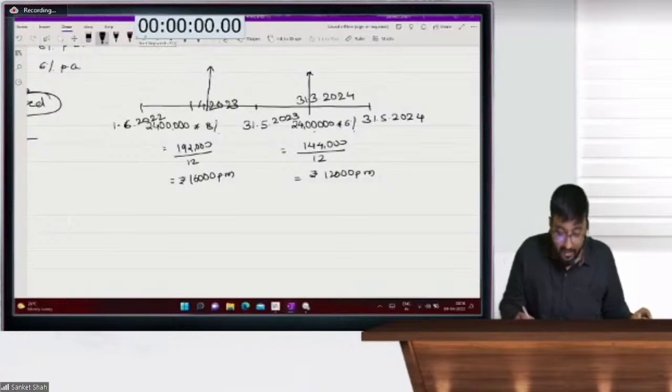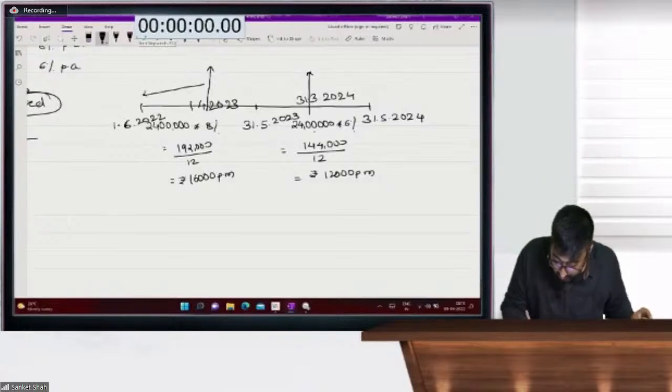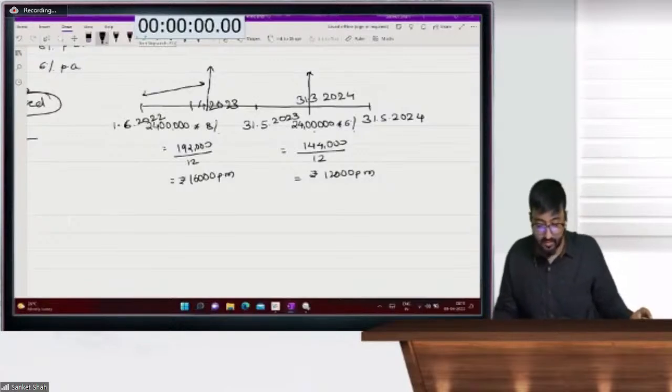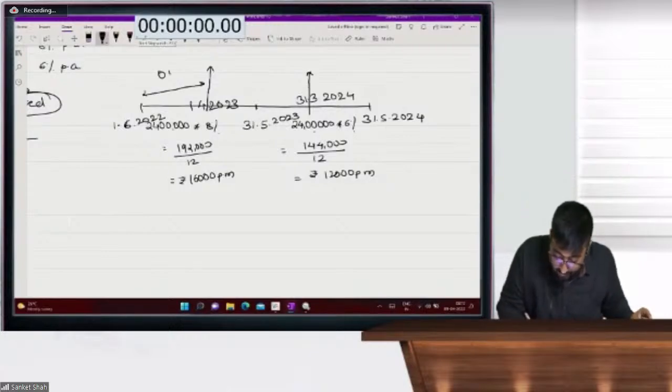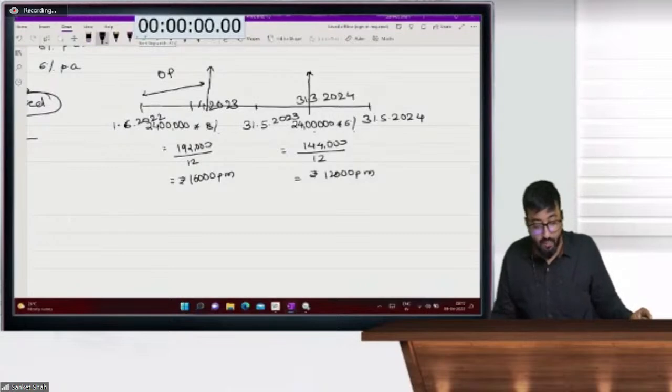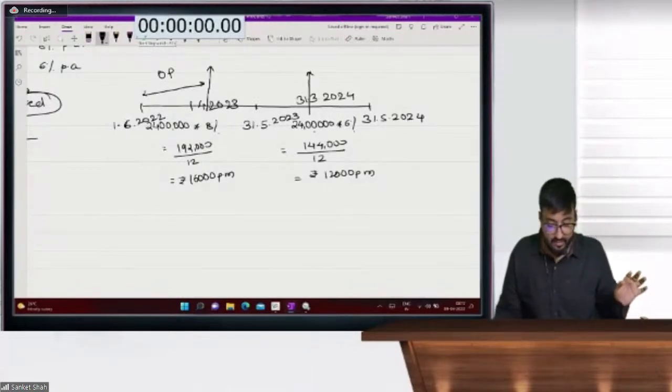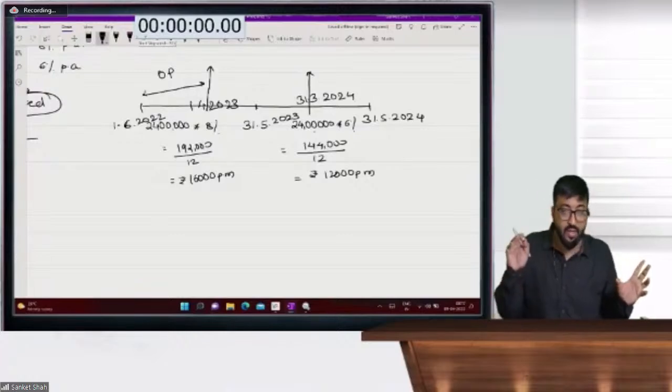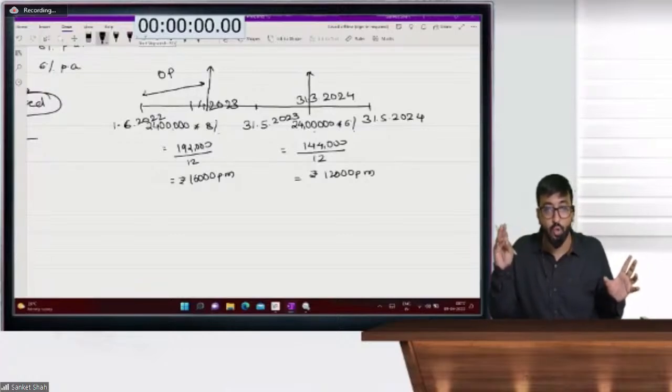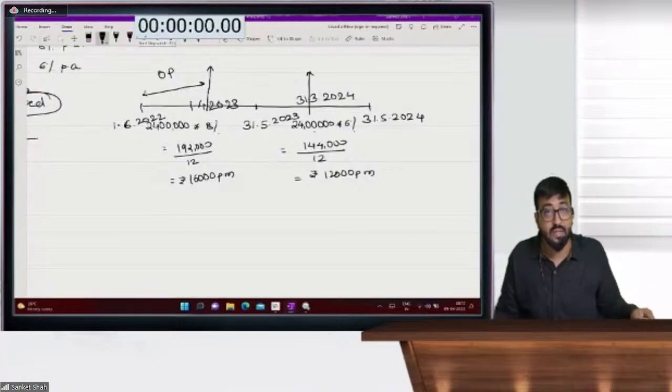So opening interest, 1st June to 1st April. This is opening. Opening is of how many months? 6, 7, 8, 9, 10, 11, 12, 1, 2, 3. Don't consider April.